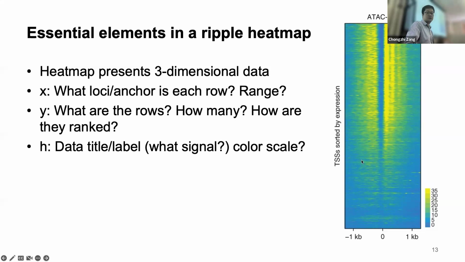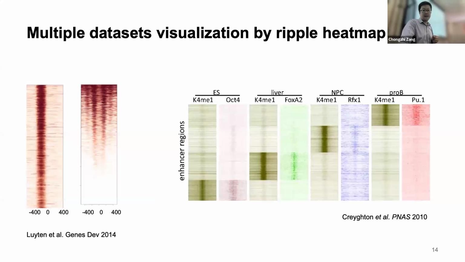The third dimension is the color scale: what is the signal, and what does it mean? These are the essential elements in such a heat map. These heat maps can also visualize multiple samples or data sets at the same time for comparison.